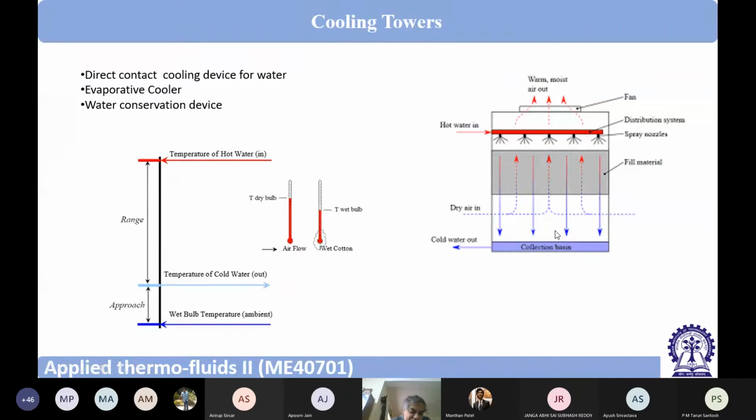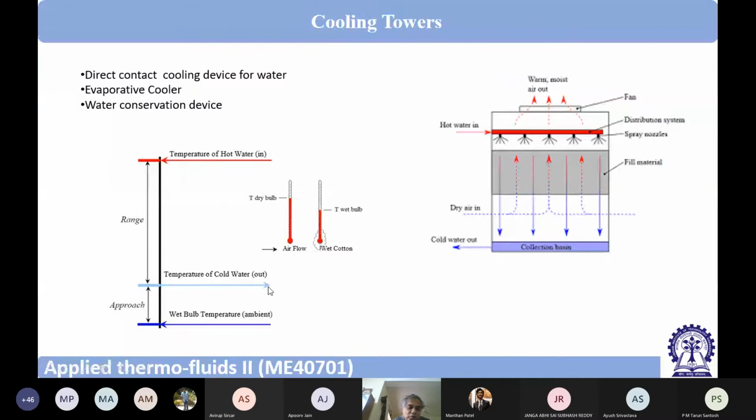So here, if we see the temperature, this is the temperature of the hot water which is coming out of the condenser going to the cooling tower. And this is the temperature of the cold water which is coming out of the cooling tower going to the condenser.